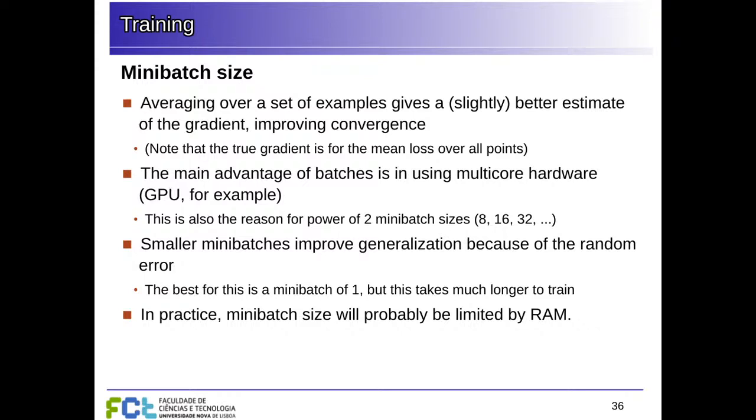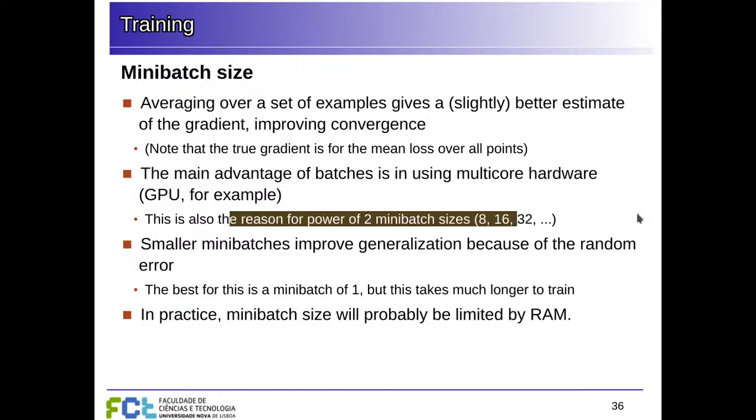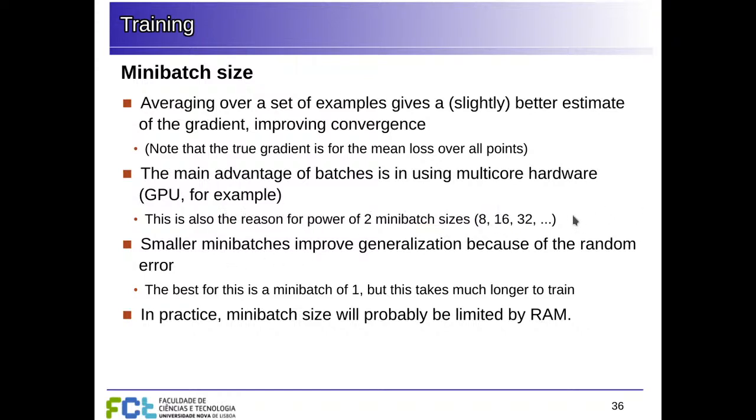Usually the practical limitation tends to be the available memory, especially if we are using GPU acceleration and we cannot put all our data on the memory of the graphic cards, for example. This kind of optimization is also a reason why you often find mini batches with a power of 2. For example, 8 examples, 16, 32, something like that, because this optimizes the way the GPU card can parallelize these computations.